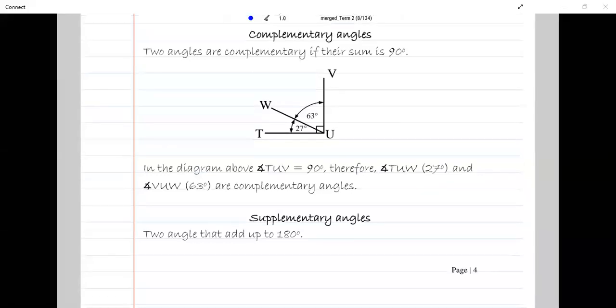Supplementary angles are two angles that add up to 180 degrees.